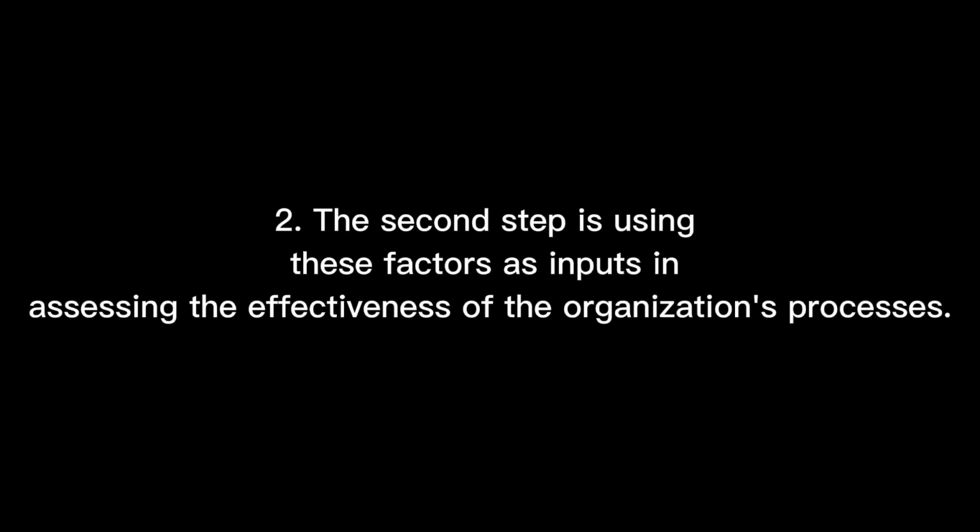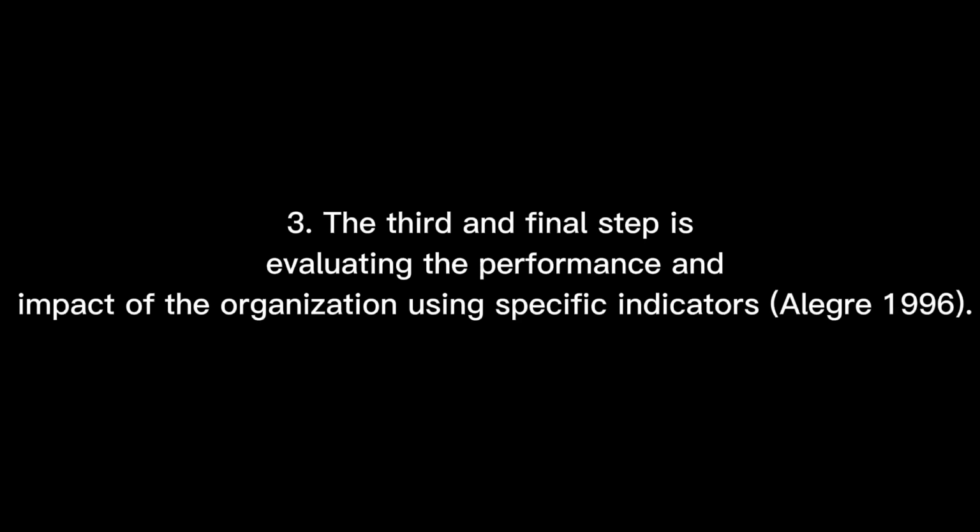The second step is using these factors as inputs and assessing the effectiveness of the organization's processes. The third and final step is evaluating the performance and impact of the organization using specific indicators. Allegri, 1996. Part of organization assessment. The assessment provides an organization's snapshot of the institution's change agenda and goals, and the impact of its external and internal environment on its current and future operations.